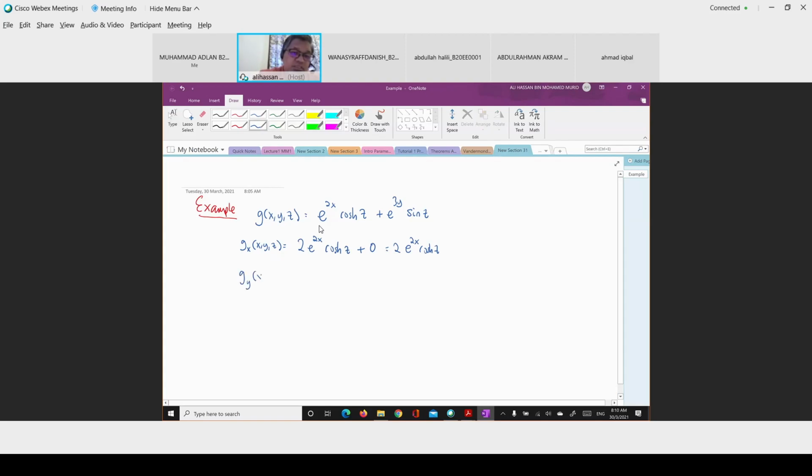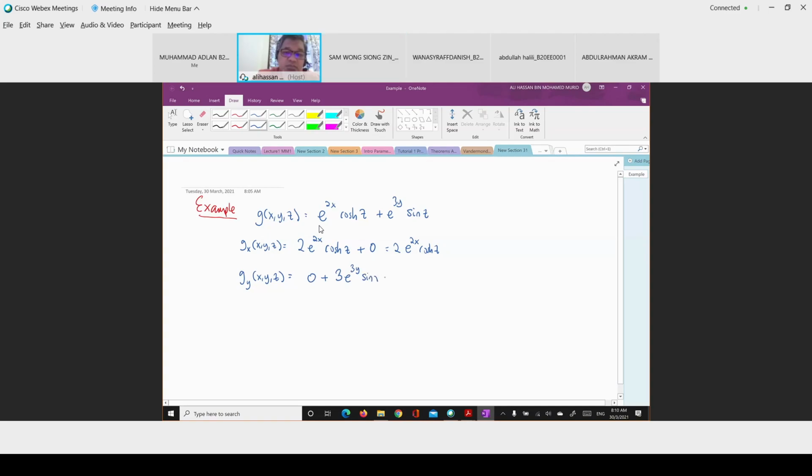Next, what is g partial y this time? Anybody want to try? Can anybody tell me what is g partial y? 0 plus 3e to the power of 3y sine z.